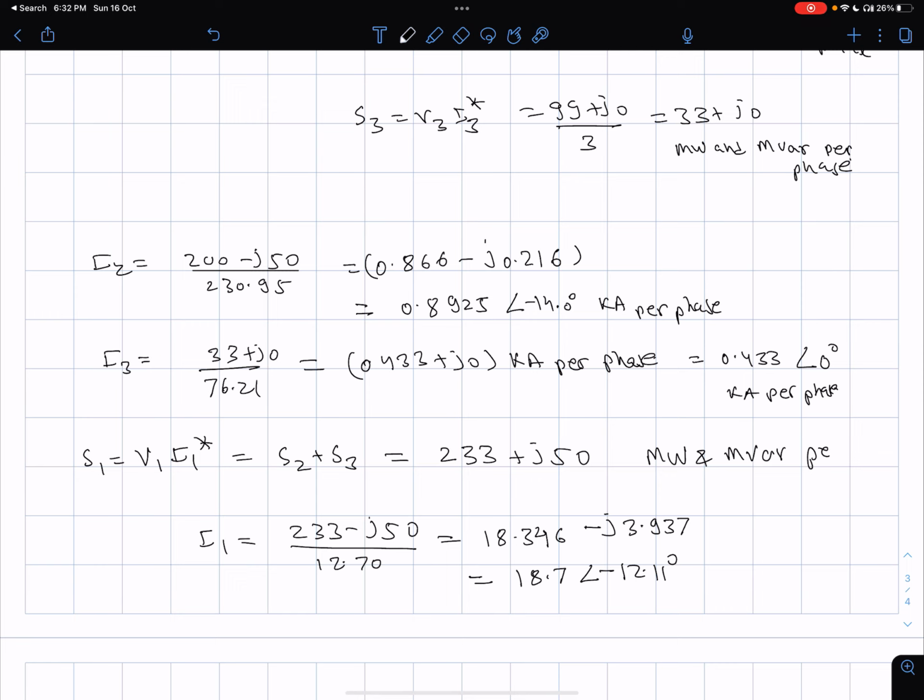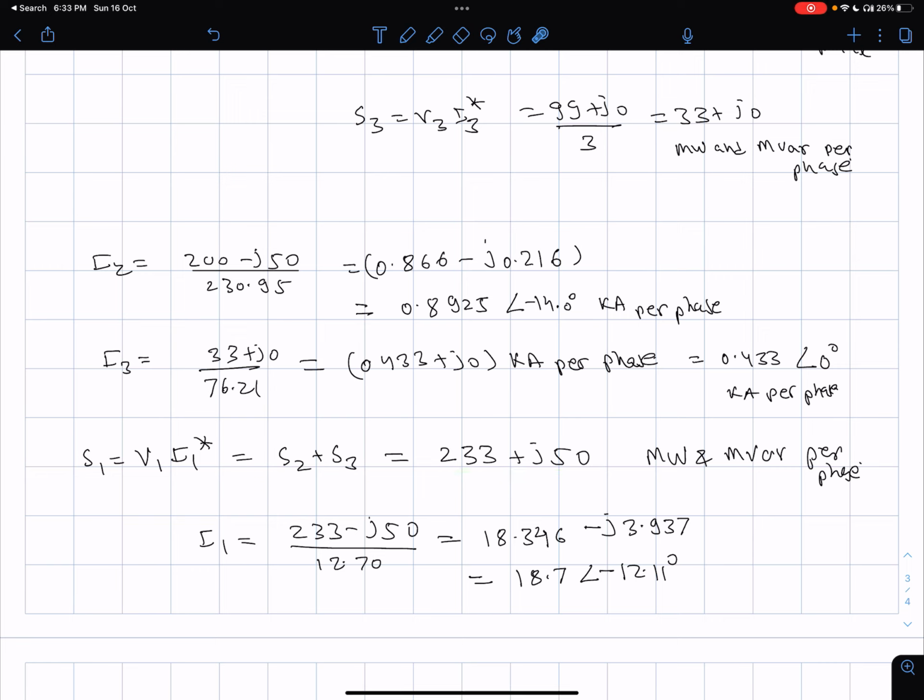megawatt and MVAR per phase. And therefore, now just divide it by the voltage V1. First take the complex conjugate, so this plus becomes minus.